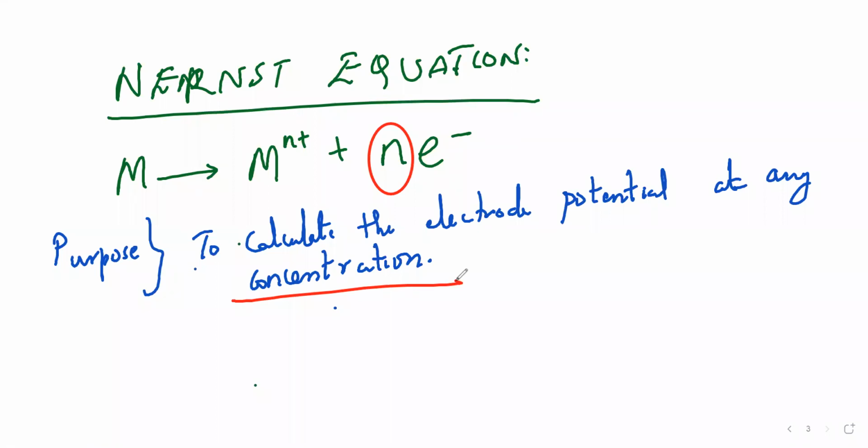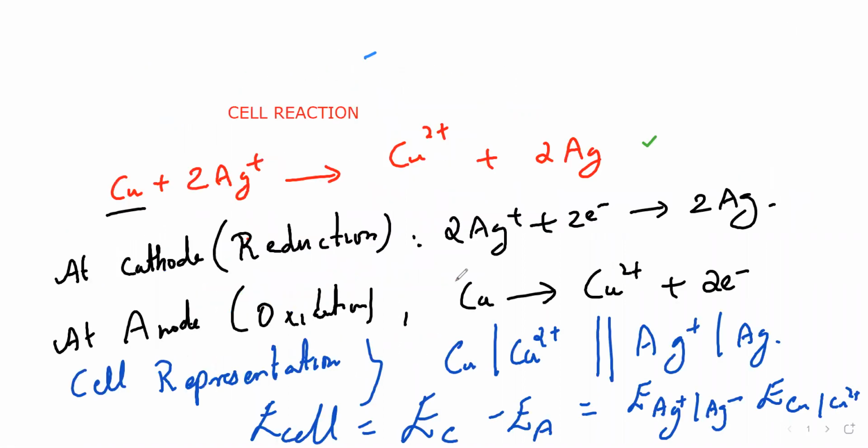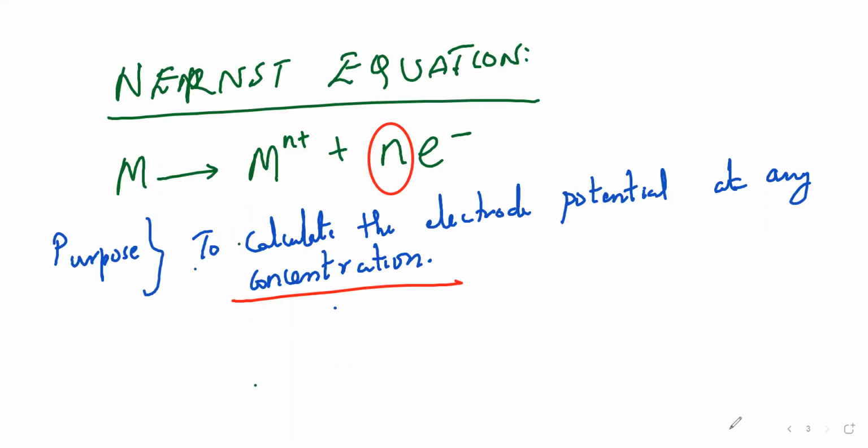Now basically what I'm going to write is this. Here I wrote E Ag+ bar Ag. Similarly, I'll write E, instead of Ag+ bar Ag, for the cathode, M^n+ bar M. E of M^n+ bar M is equal to the standard electrode potential of this.